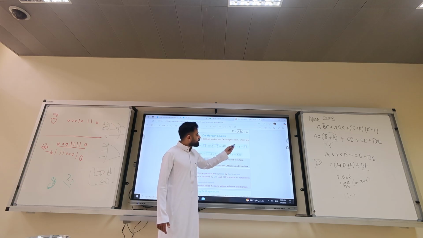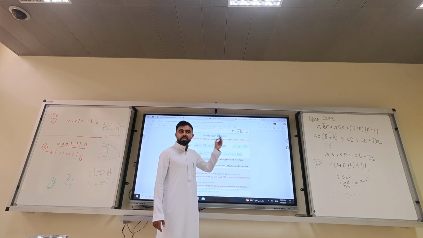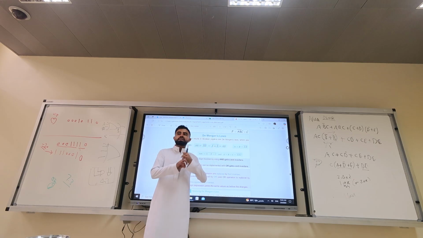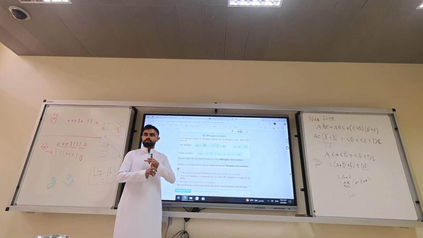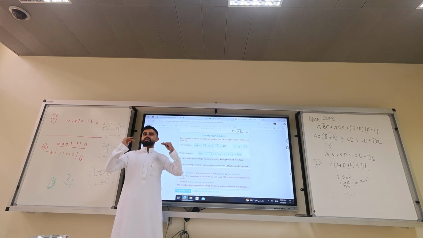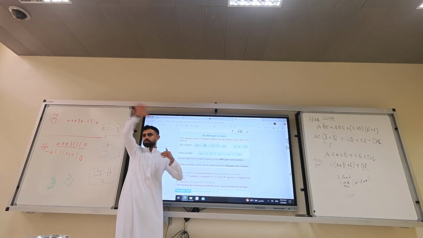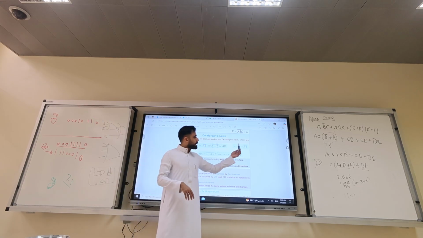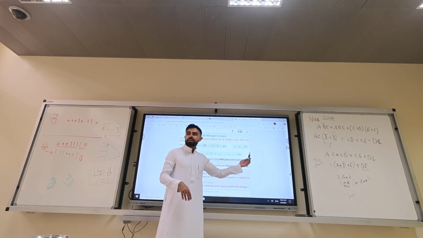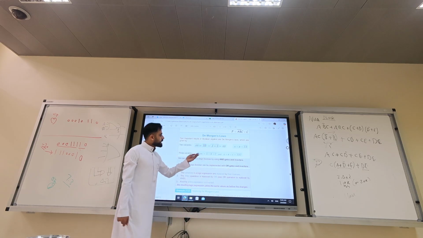Every variable, put a negation and take a negation for everything else. Let me tell you the steps. Replace every AND with an OR. Every variable take its inverse, and everything else has to be inverted. So we usually find the big bars at the end. How about this, ABC?